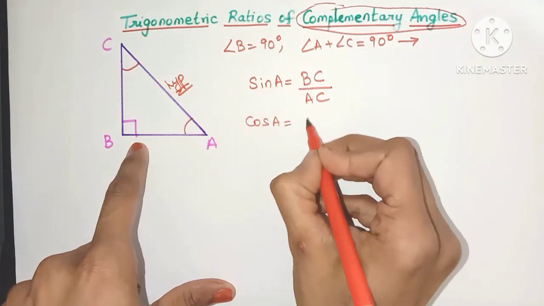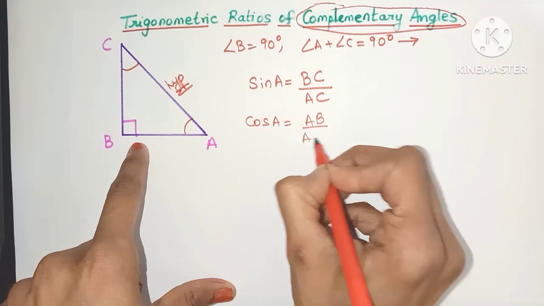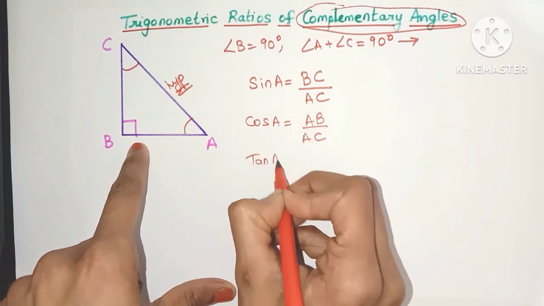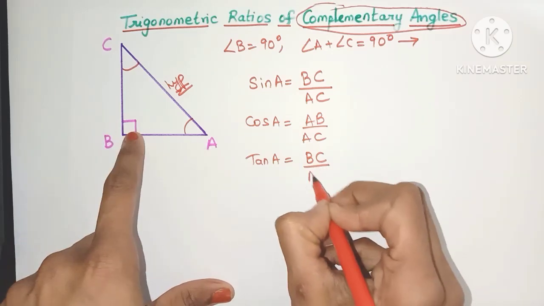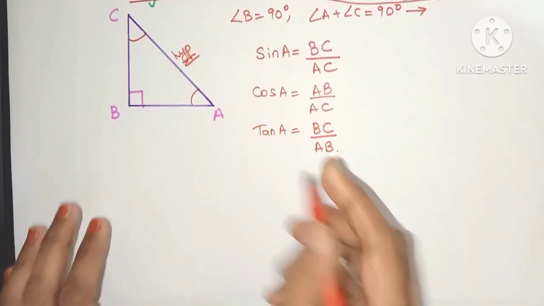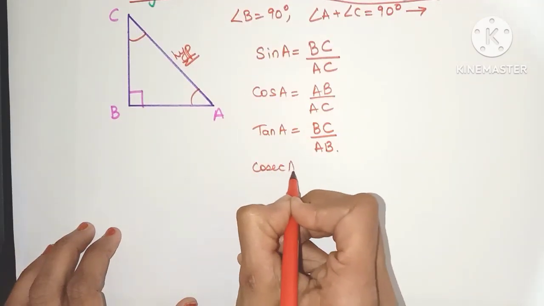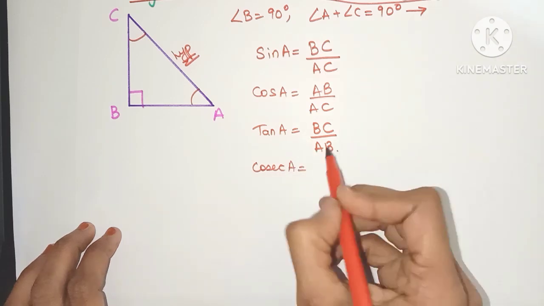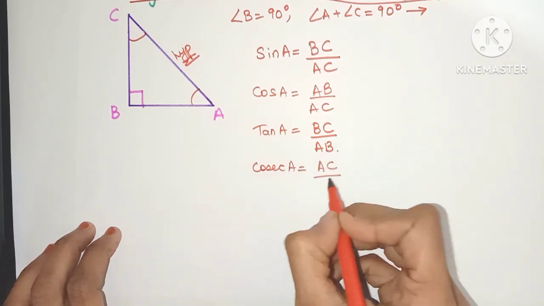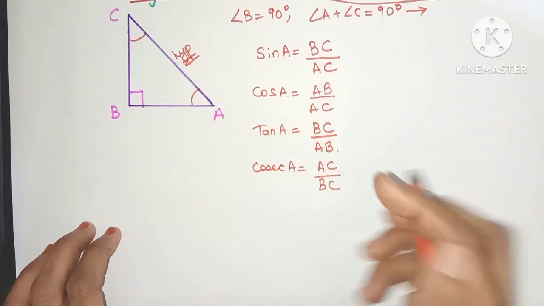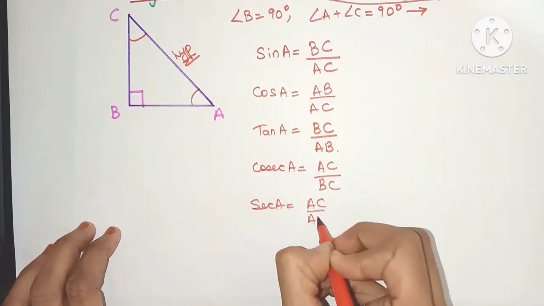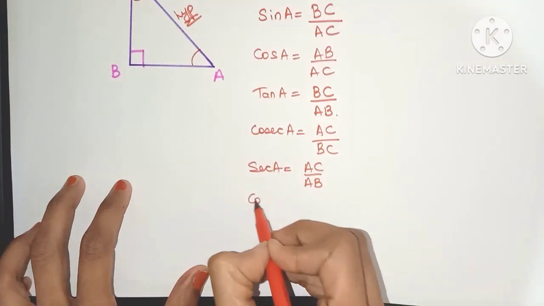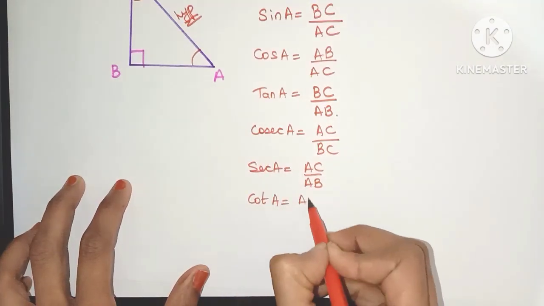Cos A will be the adjacent side, AB upon AC. Tan A will be the opposite upon the adjacent. Cosec A will be, can you guess? It will be the hypotenuse upon the opposite. I'm just taking the reverse. Sec A will be AC by AB. And cot A will be AB by BC.